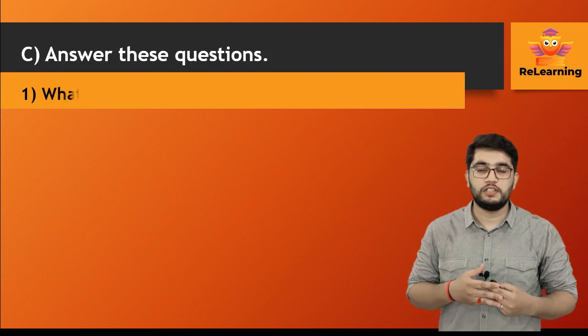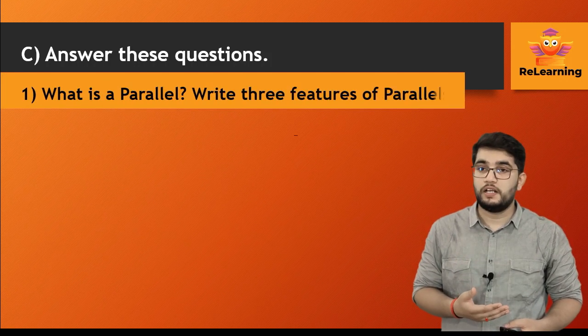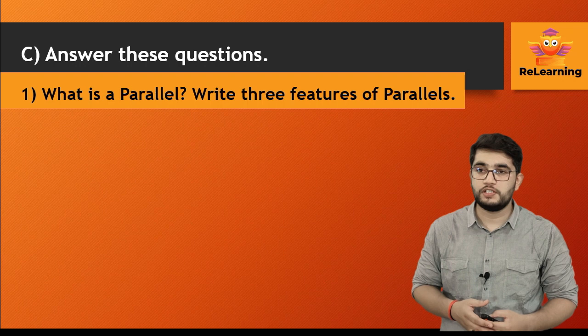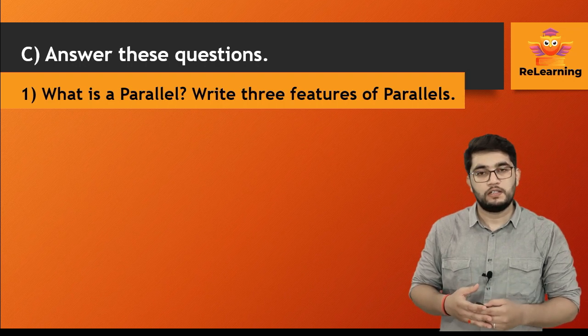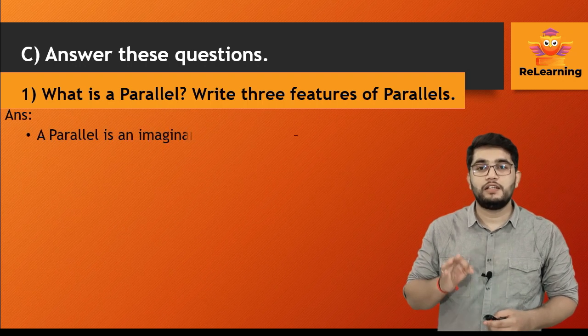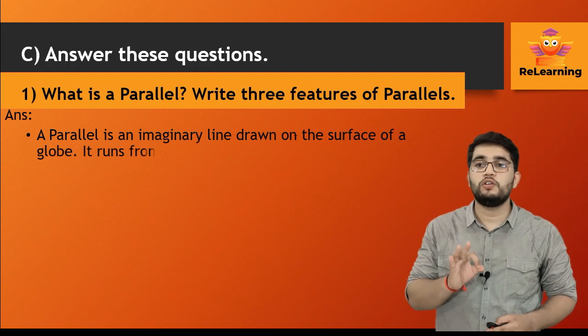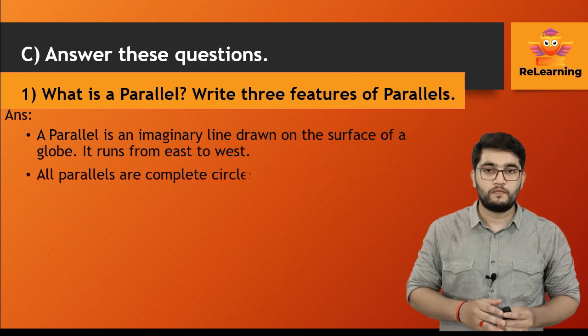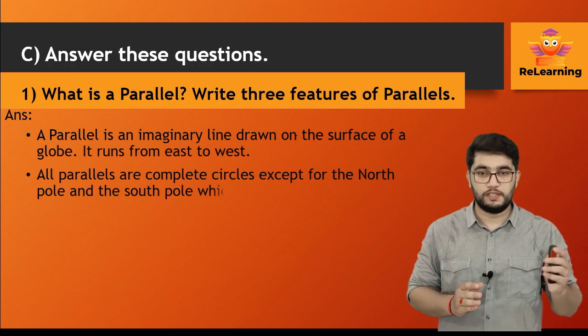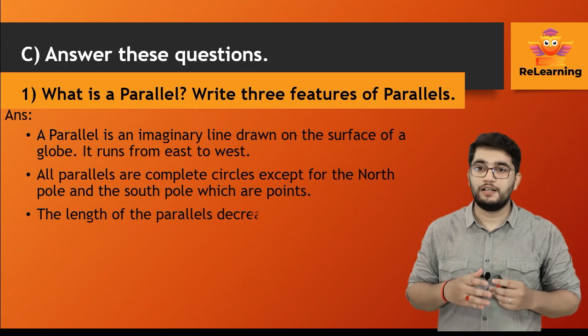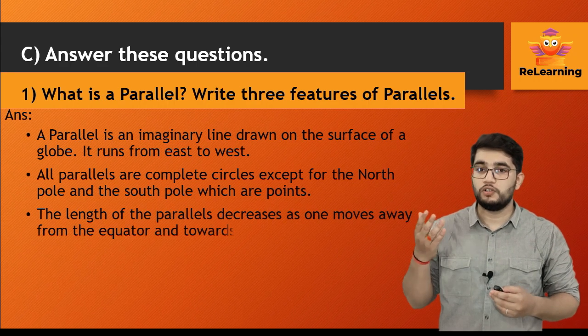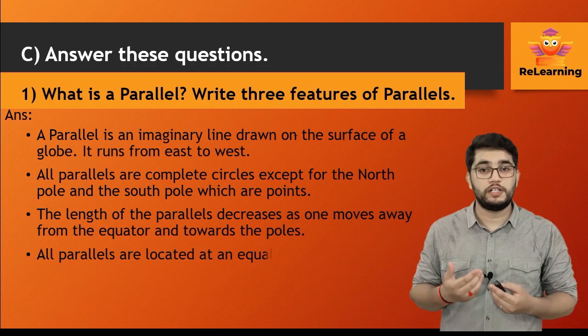Answer these questions. In that first one, what is a parallel? Write three features of parallels. Let's see the answer. A parallel is an imaginary line drawn on the surface of a globe. It runs from east to west. All parallels are complete circles except for the North Pole and South Pole, which are points.